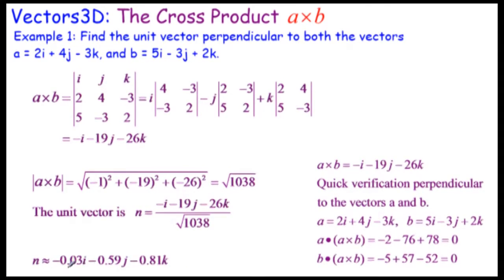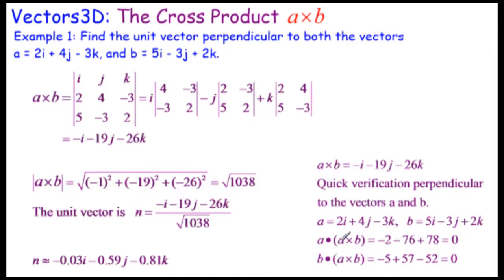If you actually took the square root of minus 0.03 squared plus minus 0.59 squared plus minus 0.81 squared, you should get a length of 1. So this is the unit vector. Now I did a little verification here to show you that you can use the dot product to verify that these vectors are perpendicular, because remember A dot B is the length of A times the length of B times the cosine of the angle, and the cosine of 90 is 0.